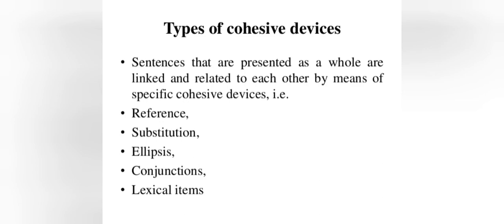So cohesive device number 1, reference. Reference is the relationship that a linguistic expression has with another. This one is often characterized by the replacement of a noun with a pronoun, like the previous examples that we looked at: she, her. That is what reference is.